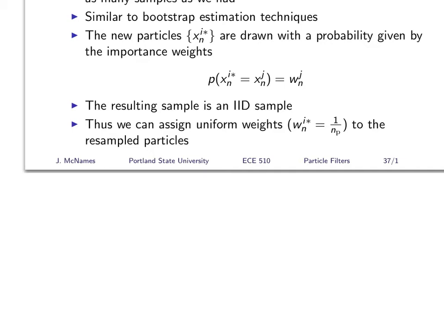Okay. And because of that, once we do this resampling, we then can set our weights to be uniform. We're suddenly back to having all the weights being equal. They're all equal to 1 over the number of particles for these new particles after we've done the resampling.